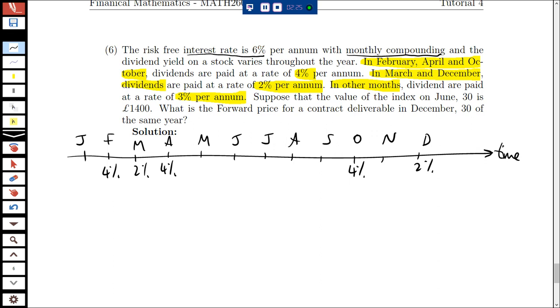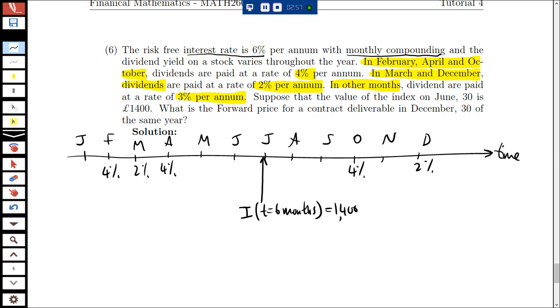Okay, suppose the value of an index on the 30th of June is 1,400. So roughly here we have some asset, some index. It has value. This is at 6 months, of 1,400.